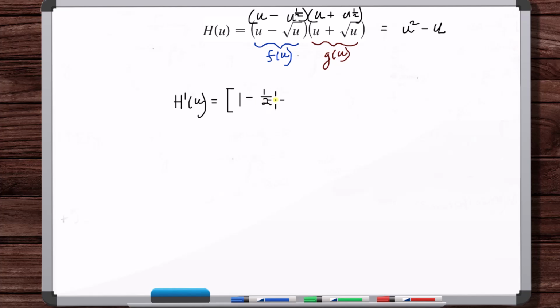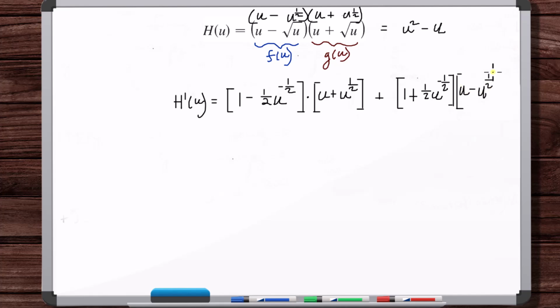Bring down the 1/2. 1/2 minus 1 is minus 1/2. That's the derivative of the first times the second, plus the derivative of the second, 1 plus, bring down the 1/2, u to the minus 1/2, times the first.